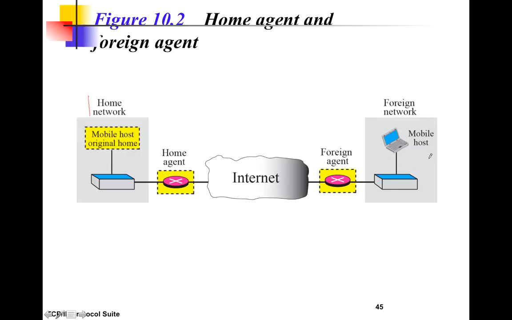So for example, if your device uses mobile IP and it comes from home to university, you will be getting a temporary address by the foreign agent in the university network, and this will be your care of address. Okay, university network care of address.